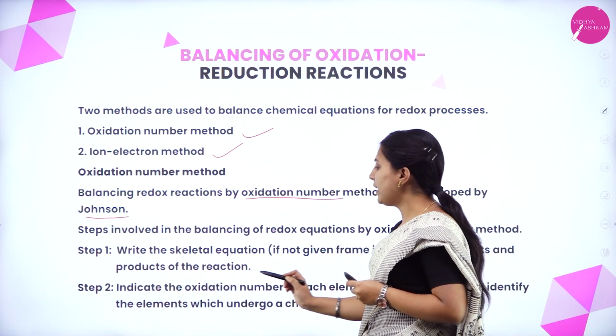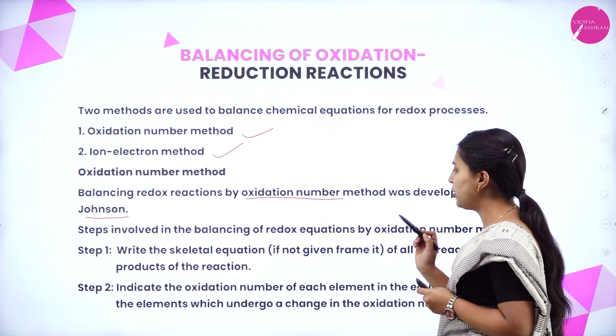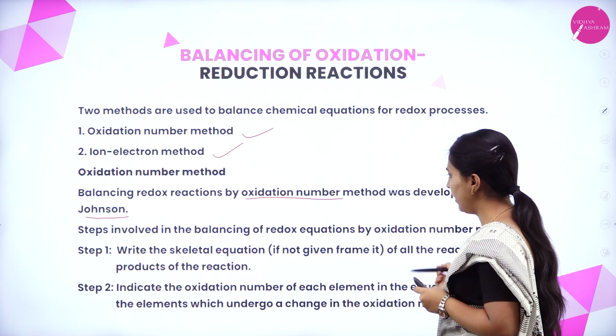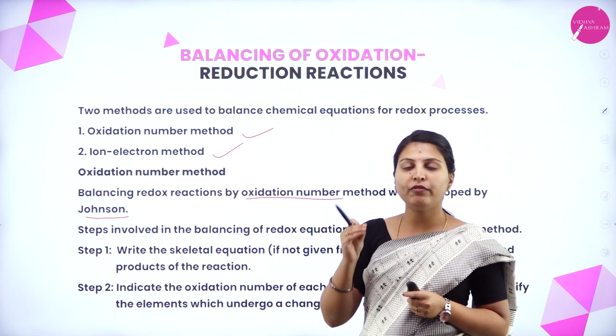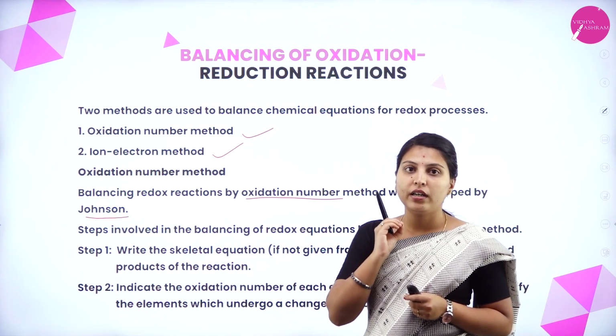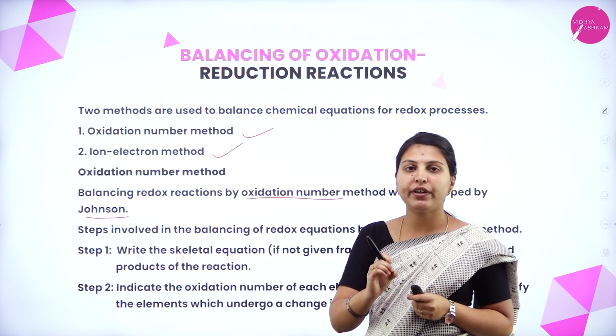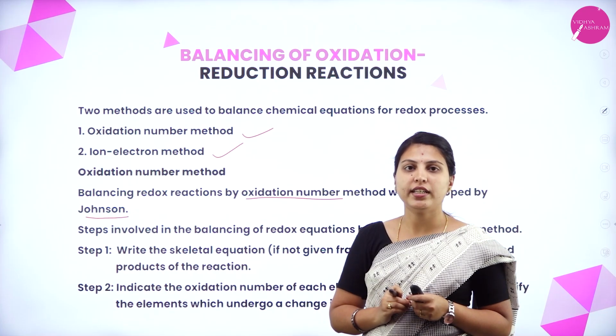Step 2: Indicate the oxidation number of each element in the equation and identify the elements which undergo change in oxidation number. After writing the skeletal chemical equation, you have to write each and every element's oxidation number, and along with that you have to identify which element is undergoing change in its oxidation number.